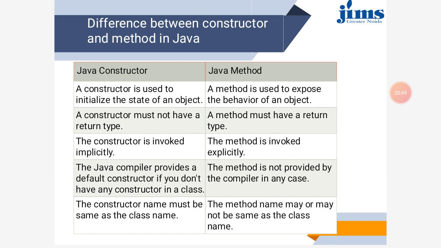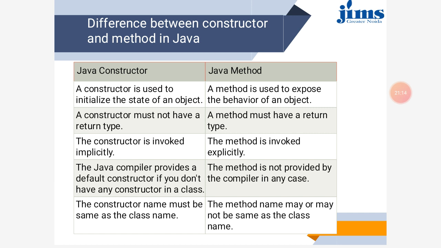So studying is a behavior, and we can compare that to a method. A constructor must not have a return type, but a method must have a return type. Either void or integer or any other return type is required in a method, but not in a constructor.